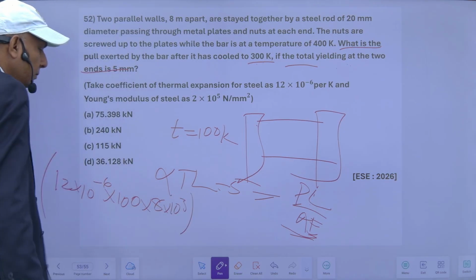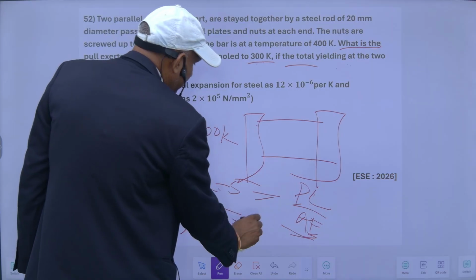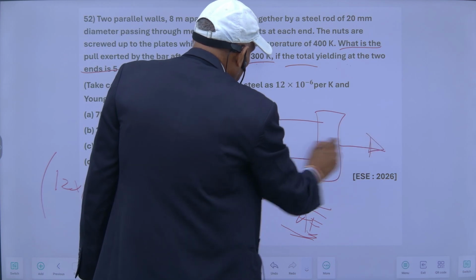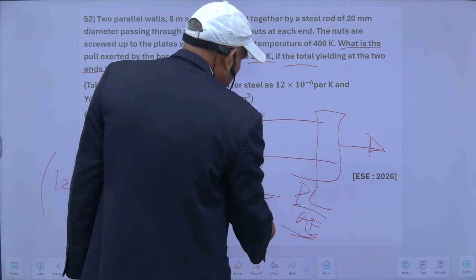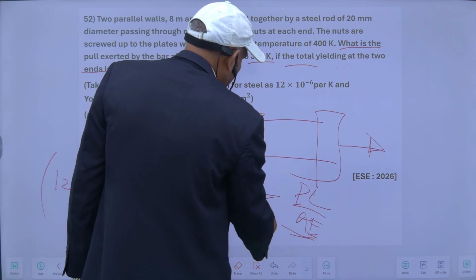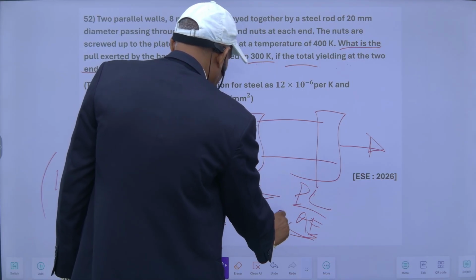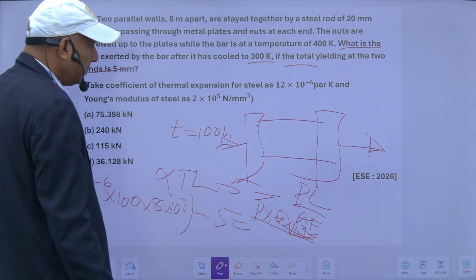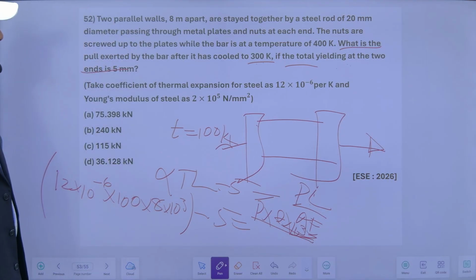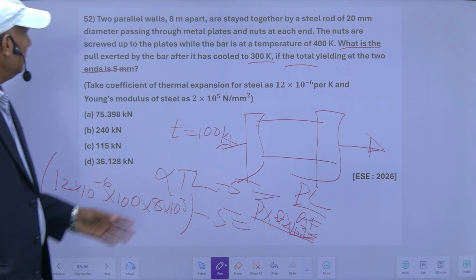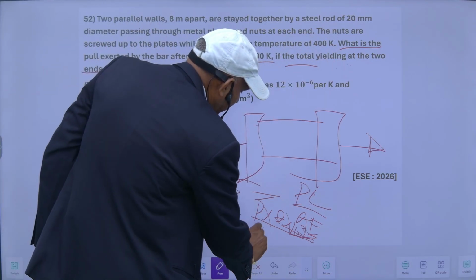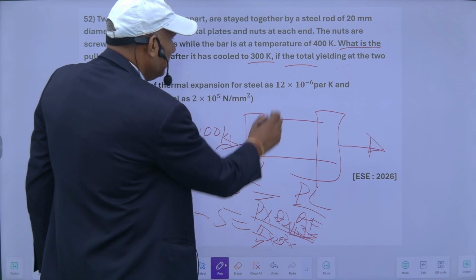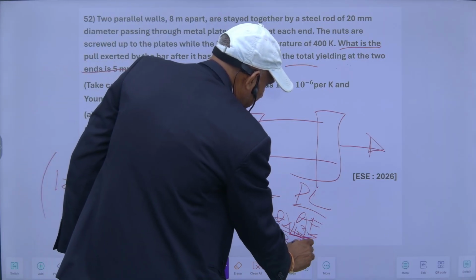This is alpha TL minus 5 mm, the yielding permitted, and this load is P, and P into length is again 8 into 10 to the power 3, into area of cross section, which is pi by 4 into 20 square, into E. E is equal to 2 into 10 raised to the power 5.